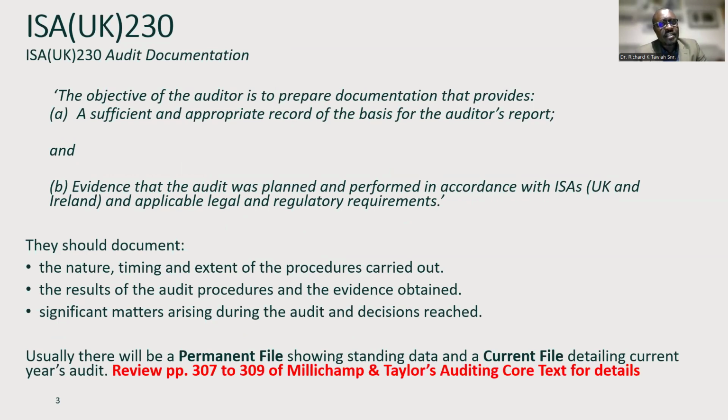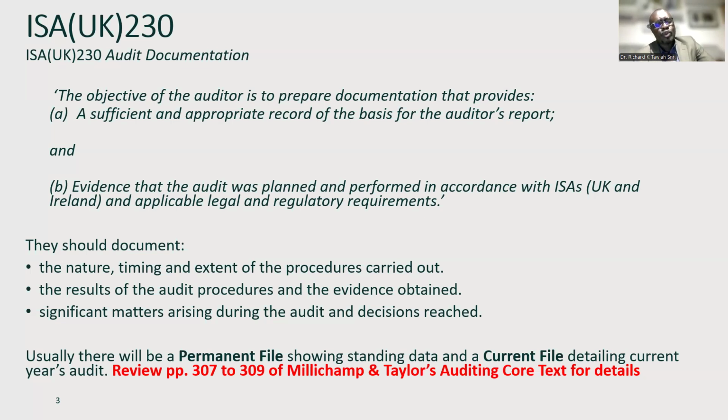The objective here is that the documentation will provide a sufficient, appropriate record of the basis for our audit report. It also provides evidence that the audit was planned and performed in accordance with the applicable ISAs, UK or Ireland, and any applicable legal or regulatory requirements.